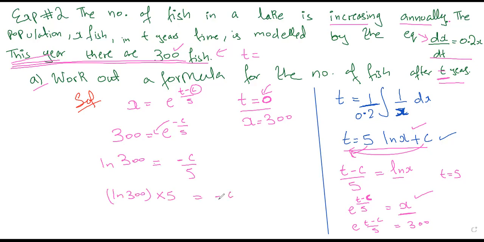And this is going to give us c equals ln 300 by 5.